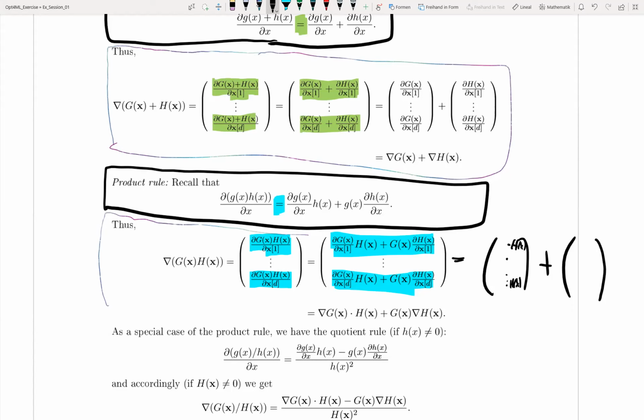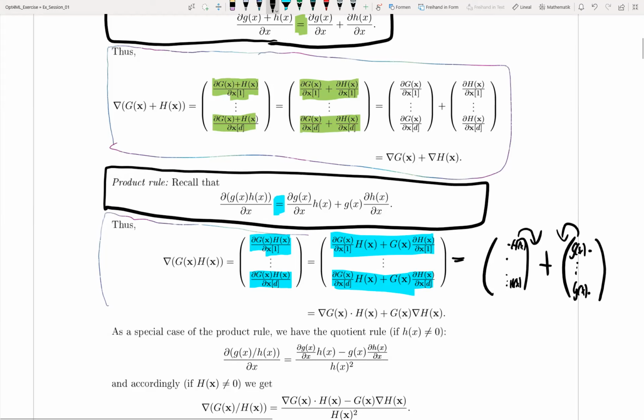It's a scalar, which you could simply write in front or at the back, however you want. The same holds true here for the g of x component. You can write it in front. The partial derivatives of the h are varying, but the g of x is all the same.